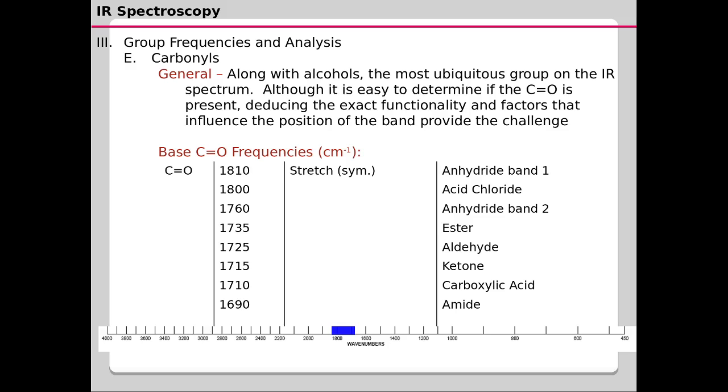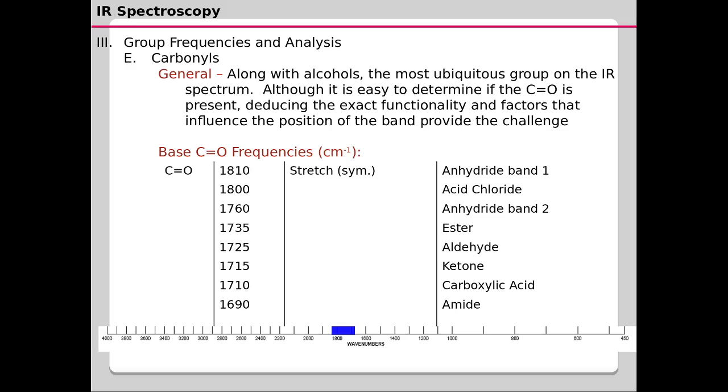And for the most famous carbonyl compounds, aldehydes and ketones: for aldehyde, the vibrational frequency is at 1725 centimeter inverse, whereas for ketone, it comes at around 1715 centimeter inverse.